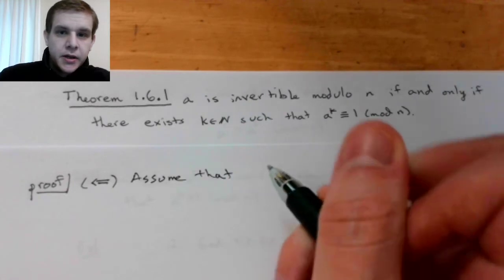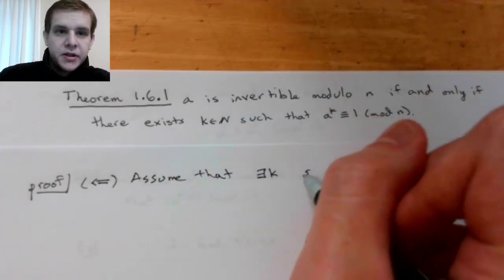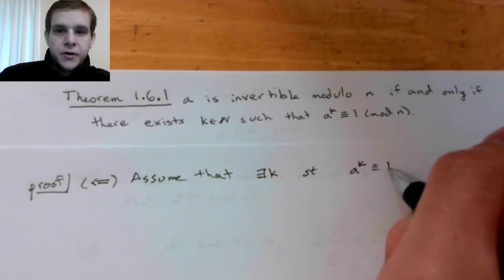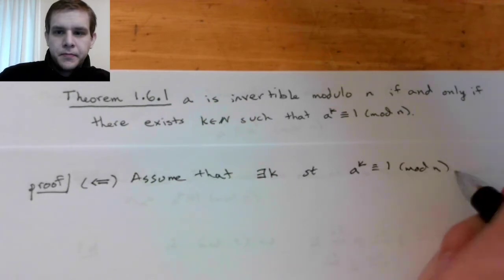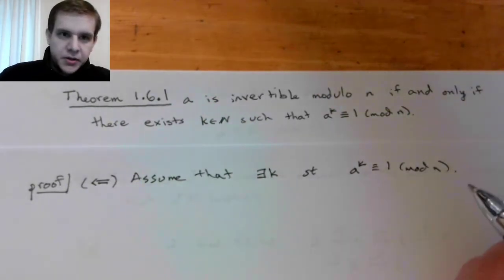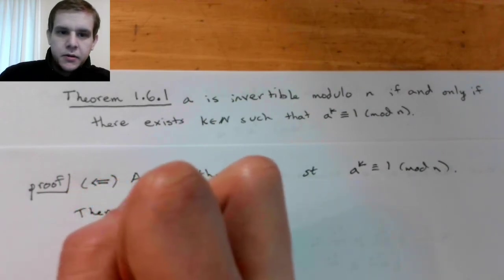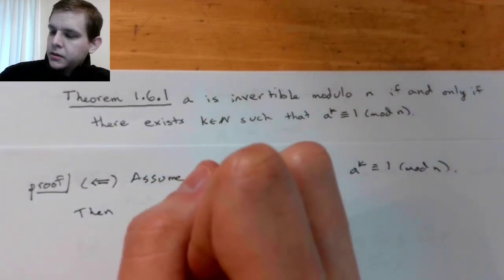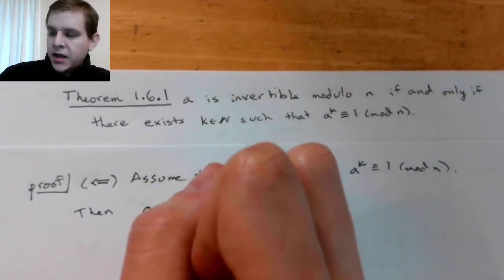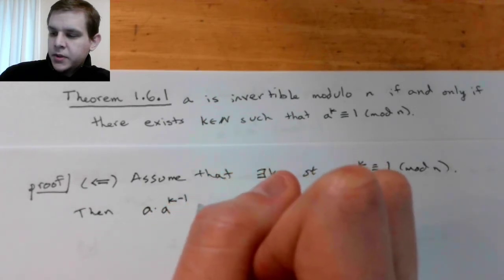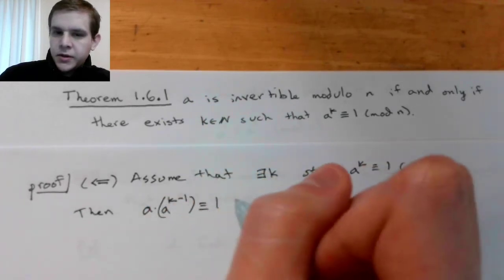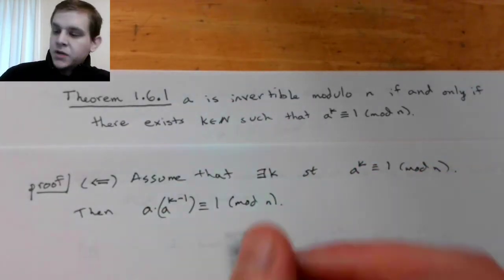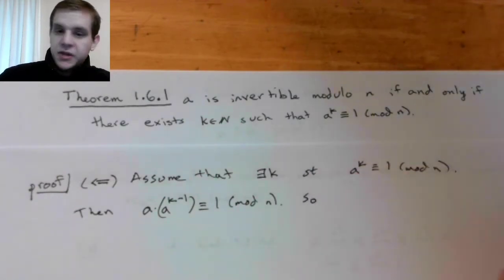So assume that there exists a k such that a to the k is congruent to 1 mod n. Okay, so it's very easy now, because then a times a to the k minus 1 is congruent to 1 mod n. So a to the k minus 1 is just a inverse.